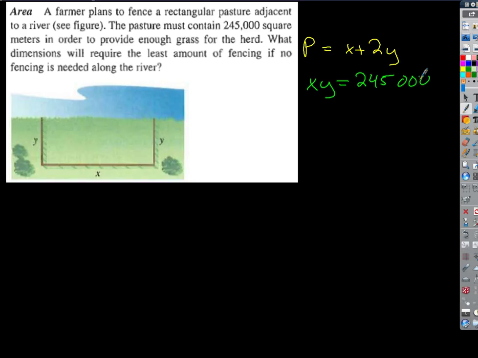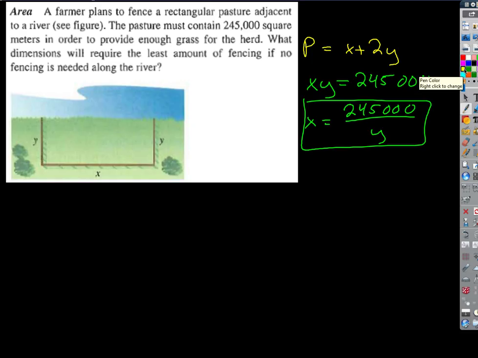245,000, okay? In this case, does it make a big difference which one you solve for? Probably not. I mean, x would be a little bit easier maybe, right? So if we solve for x, what do we get? Just that number divided by y, right? So let's put a box around that. There's our substitution equation, okay? So then what does that make our primary equation?